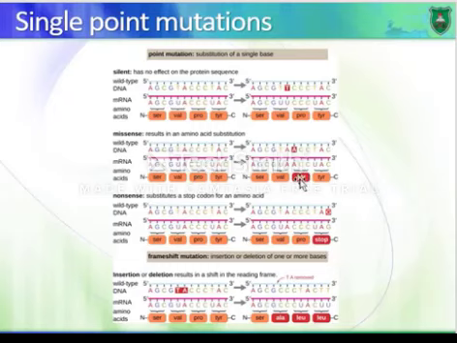But if the C at this position is substituted into A, adenine, you can see that the code ACC is different from CCC. CCC specifies the proline amino acid, while ACC specifies the threonine amino acid. That will change the amino acid sequence, just changing a single amino acid in the polypeptide chain.